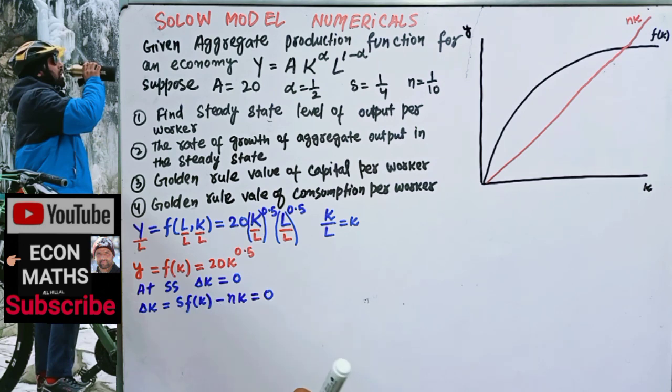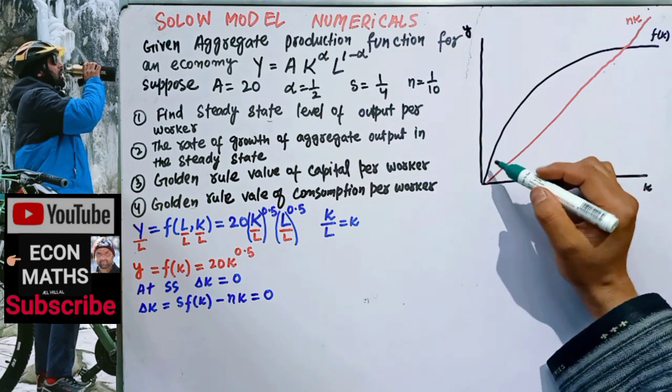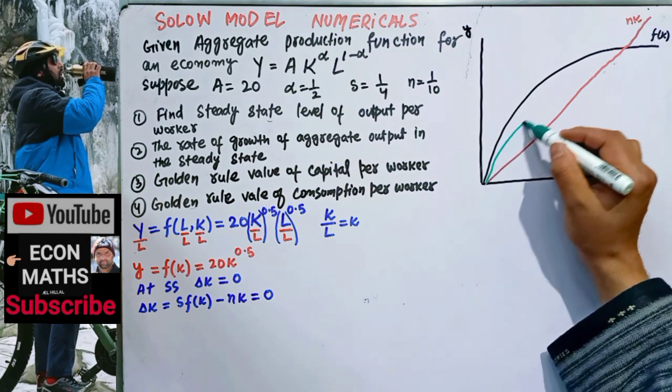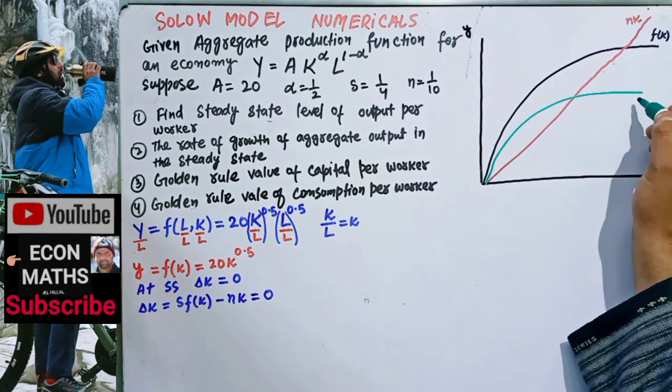We know that in the Solow model, savings is actually equal to investment. So let's draw it like this. So this is our s F of k.